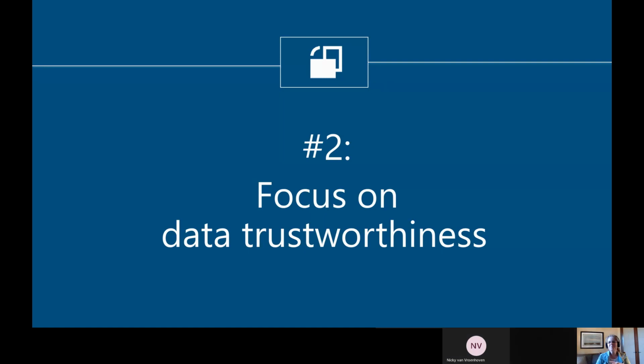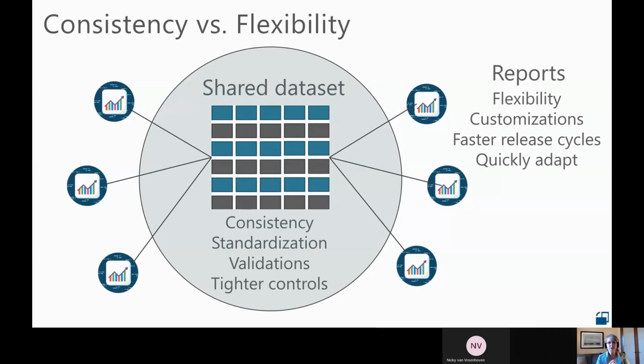All right, number 2, data trustworthiness. This is kind of one of my big key topics. In terms of data trustworthiness, one of the best ways that you can start to improve that is to start reducing the number of data sets that you have. And so the reuse of data in Power BI is done through what we call a shared data set.